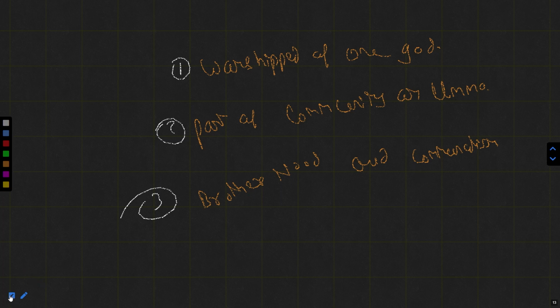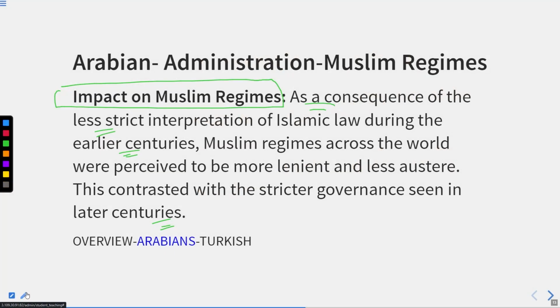But when they captured the new lands, basically they adopted liberal principles. Because of this, the locals of the newly conquered territories were seeing Muslims as lenient and less austere.